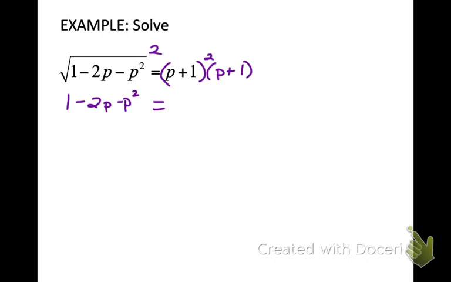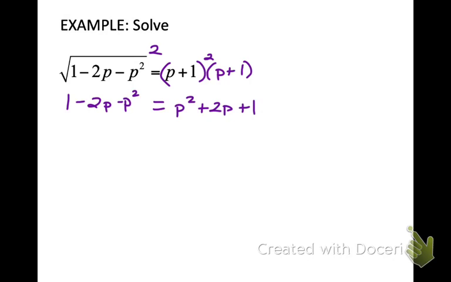So p times p is p squared, 2 p's for your 2 middle terms, and then your last gets you to your 1. All right, so now I've got a negative p squared here and a positive p squared here. I want to move everything to my positive p squared.